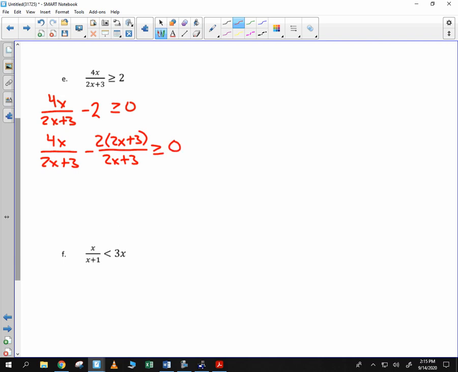Greater than or equal to 0. Now I have 4x minus 6 all over 2x plus 3 is greater than or equal to 0. Notice the 4x's cancel. I have a -6 left in the top. I'm going to tell you that if you end up with a negative, multiply through to make it positive.